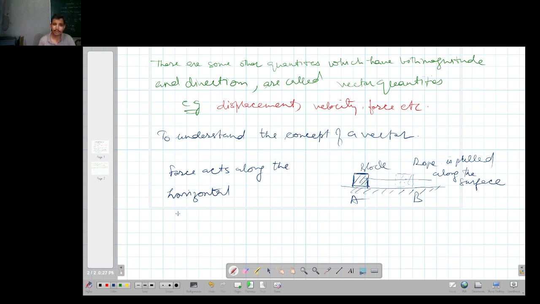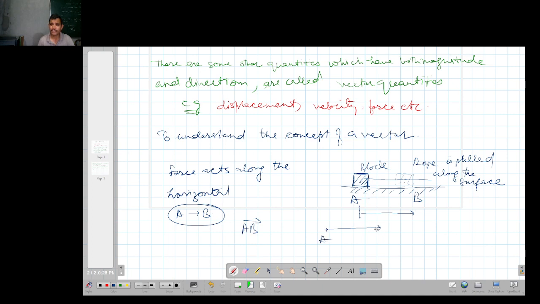And then the block moves from A to B. So that means there is a displacement of the block from A point to the B point, right? So this is represented by a vector AB, and it is represented like this.